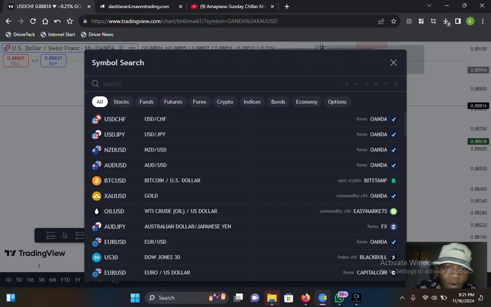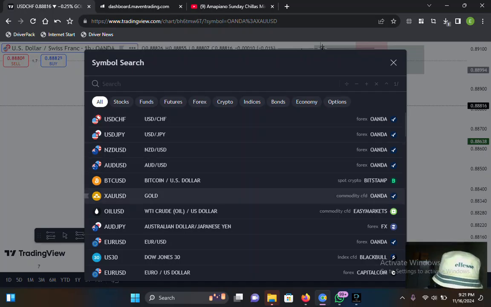Also, you can analyze the daily time frame and take your entries on the 1 hour time frame, or you can analyze the 4 hour time frame and take your entries on a 15-minute time frame, or you can analyze the 1 hour and take your trade on a 5-minute time frame.